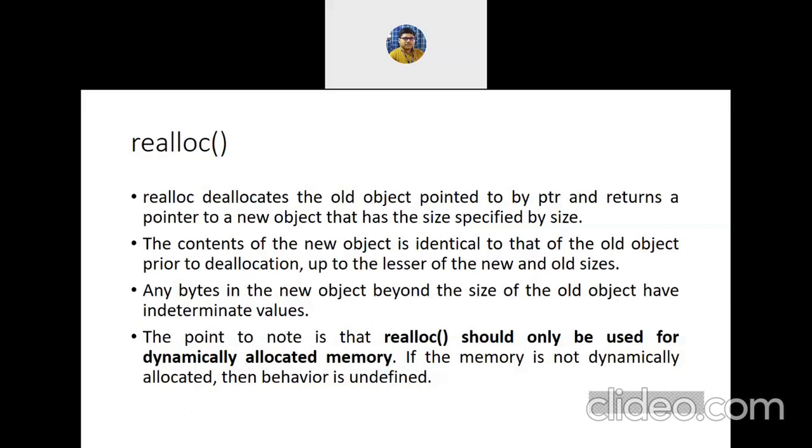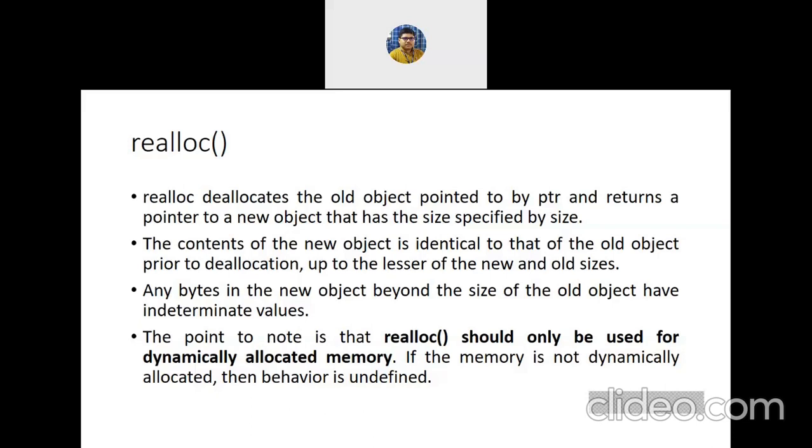Definitely a void pointer, because we already know calloc and malloc, and the same with realloc, return a void pointer if they successfully allocate the memory. So it returns a pointer to a new object. What does this new object consist of? The new object consists of the newly allocated memory size. What is this newly allocated memory size?